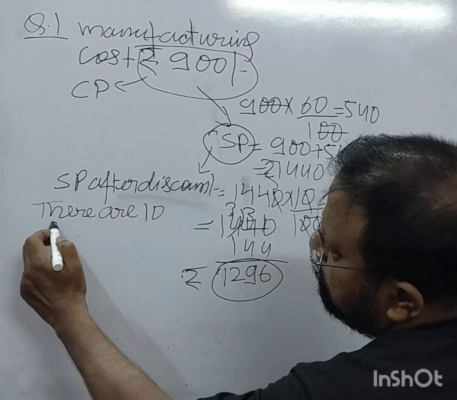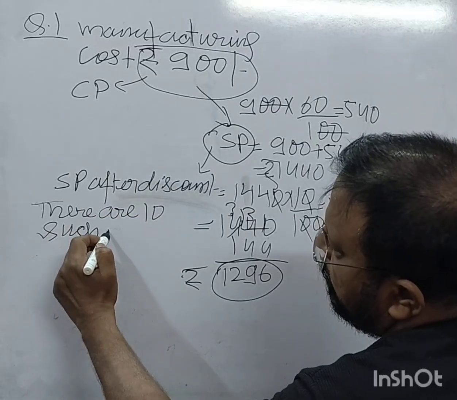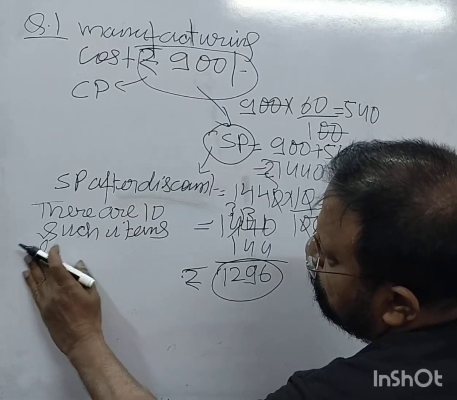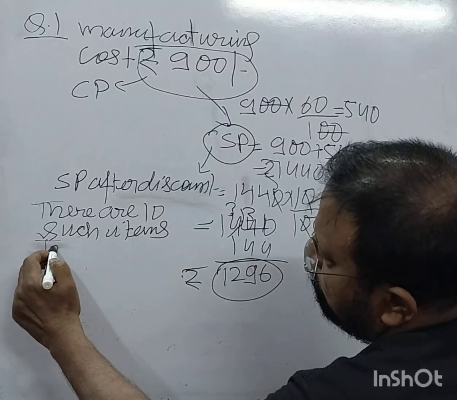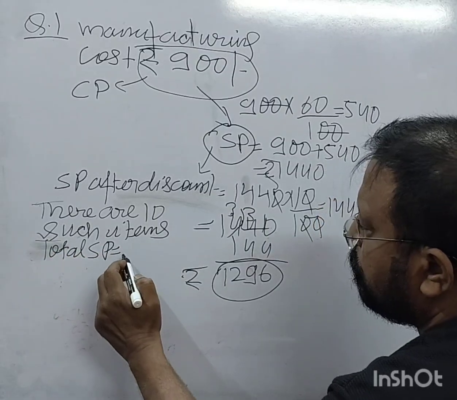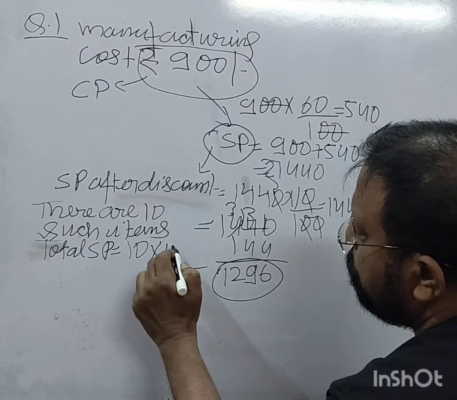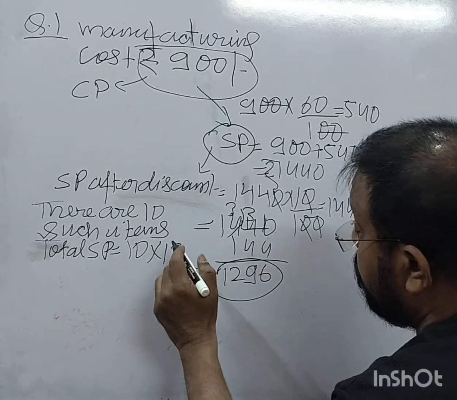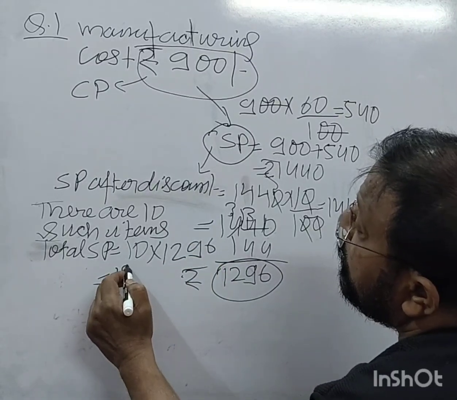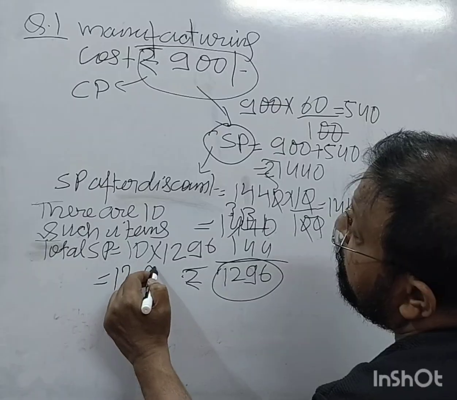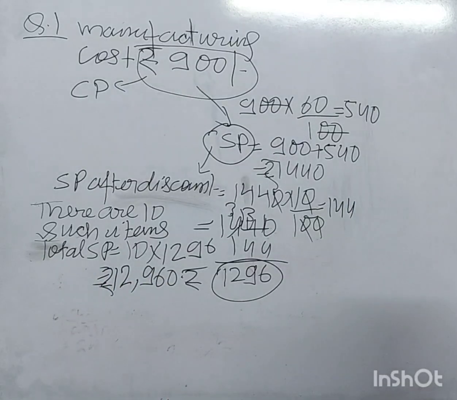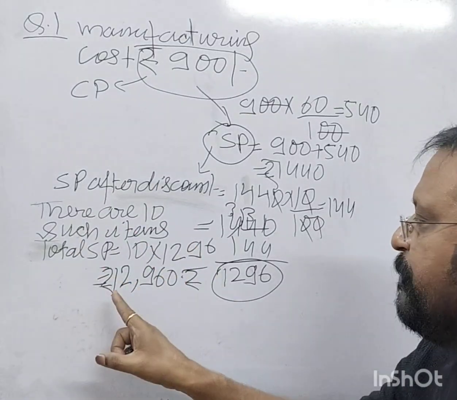So total SP is equal to 10 into 1296, so 1296 becomes 12,960 rupees. This is right. This much is total SP.